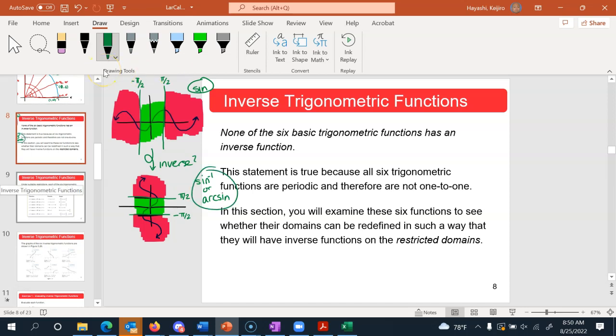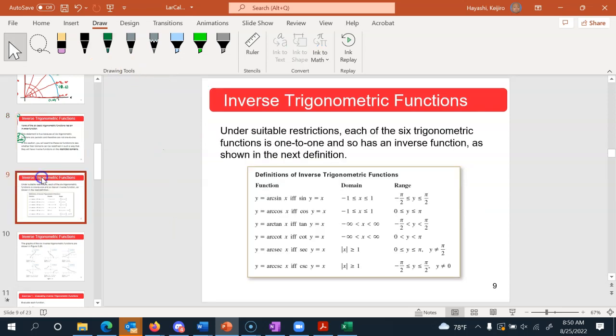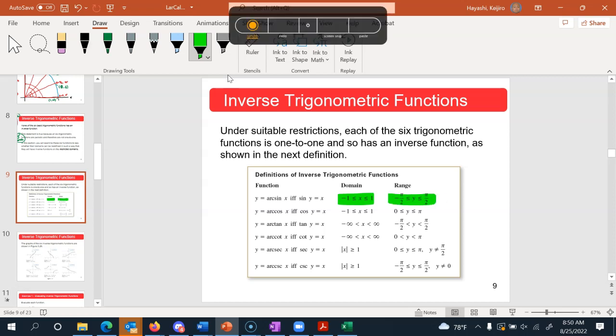And if you look at the entry for arcsine here, you see that its domain is -1 to 1, right? Because that's the range of the original sine function. And the range is now negative pi over 2 to pi over 2, because that is the reduced domain of the original sine function. So it's the range of the inverse.